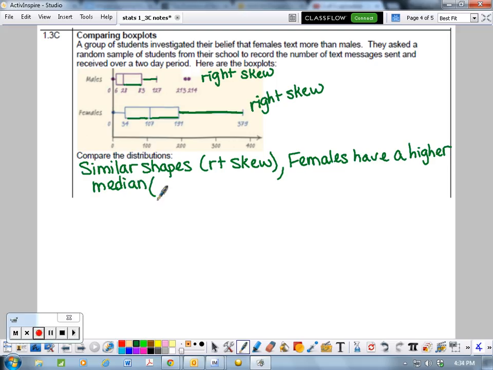And I'm going to go ahead and compare those, 107 versus 28. Definitely bigger. And then we can look at spread. We can definitely tell that females have a higher IQR.